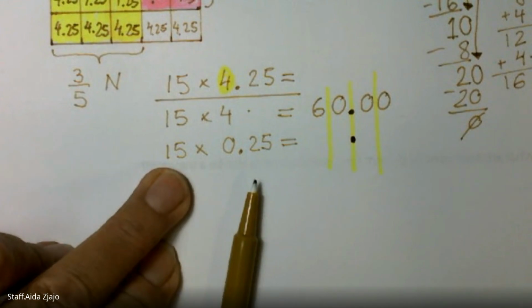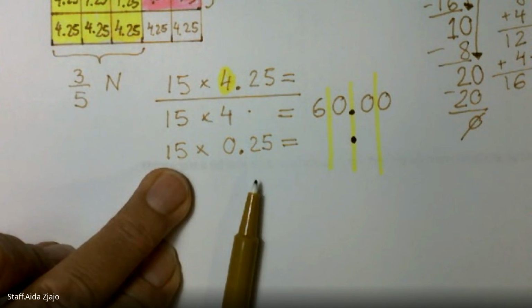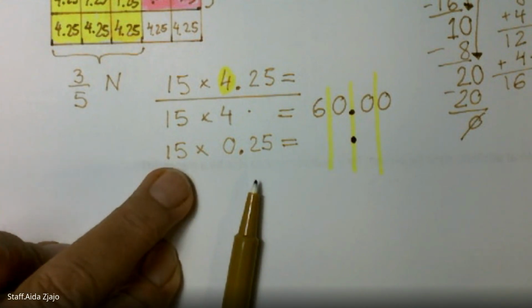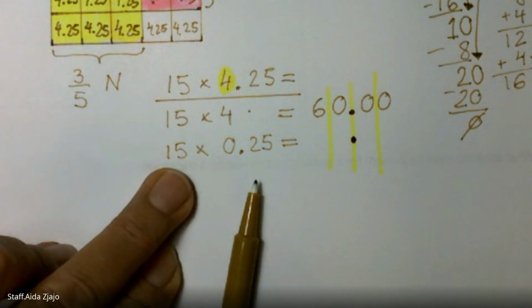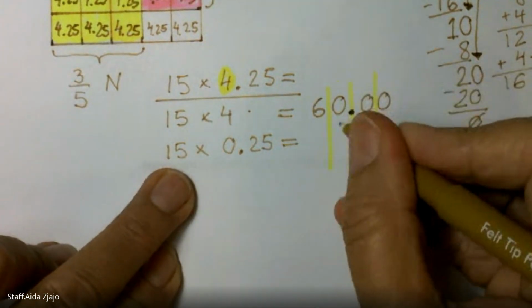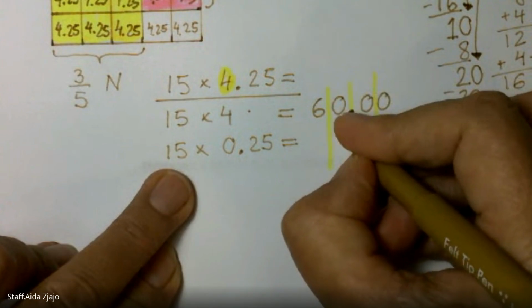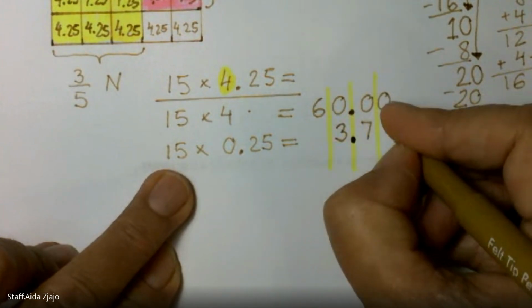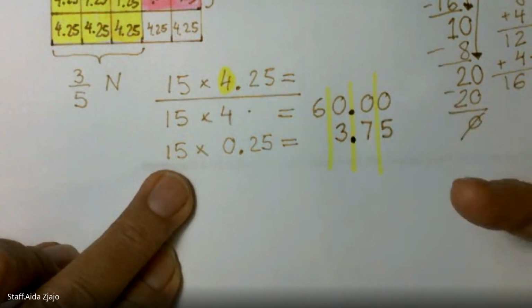So 4 quarters $1, 8 quarters $2, 12 quarters would be $3, and then I will have 3 quarters left. So practically I will have $3.75 when you use logic.